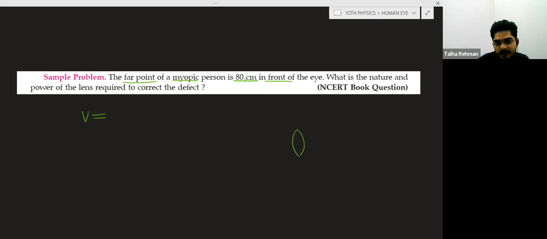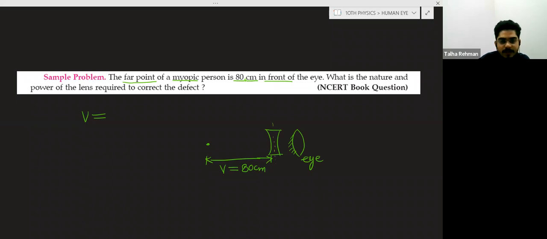Basically, suppose this will be the eye, and here will be the lens to correct. This is the defective eye. This is the lens, and this is the far point of this eye, that is B, equal to 80 centimeter.